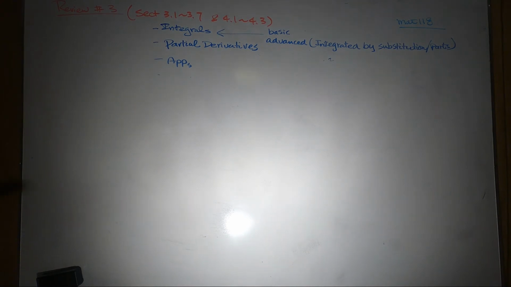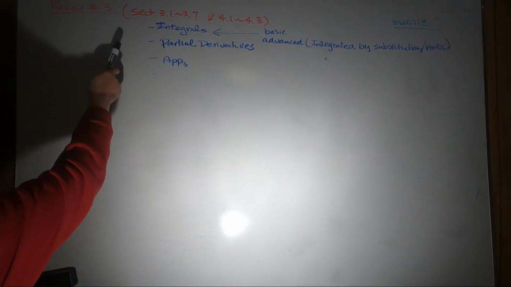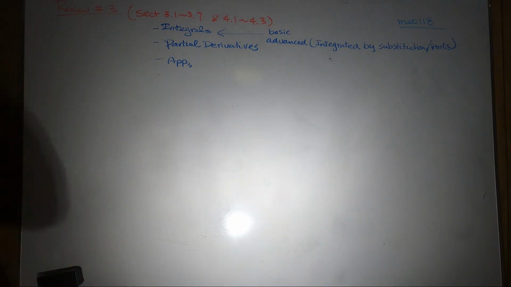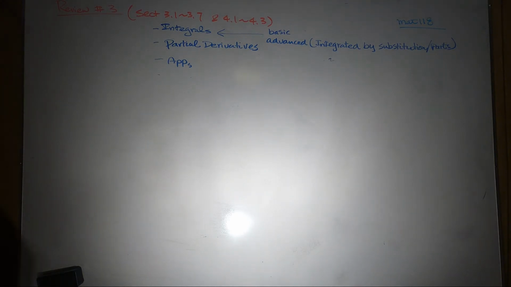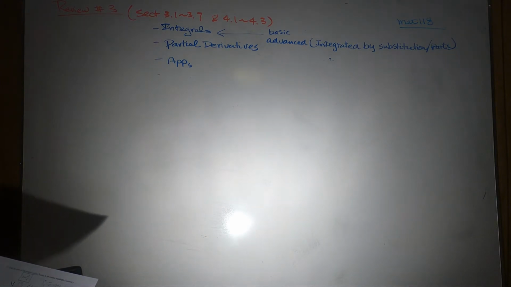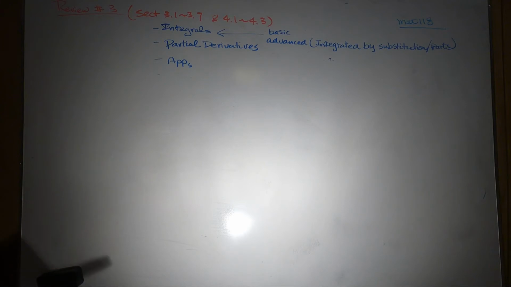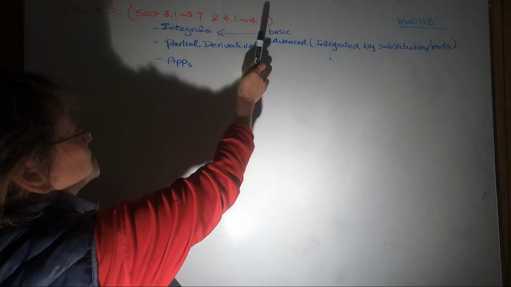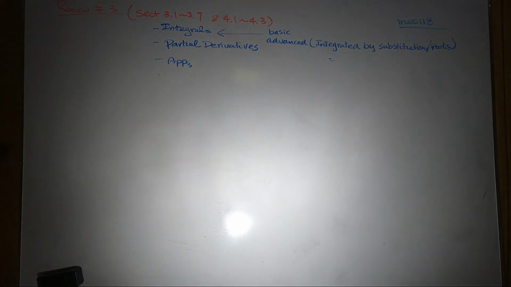So what did we do? Definite integrals and indefinite integrals. Most of them were basic ones, right? Then the last one we did was on your page 3, a little bit more advanced one, and it was integration by substitution.